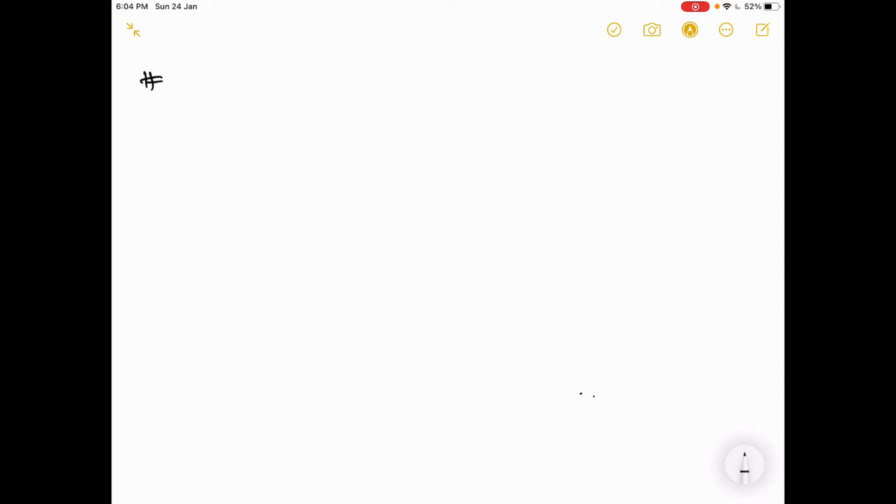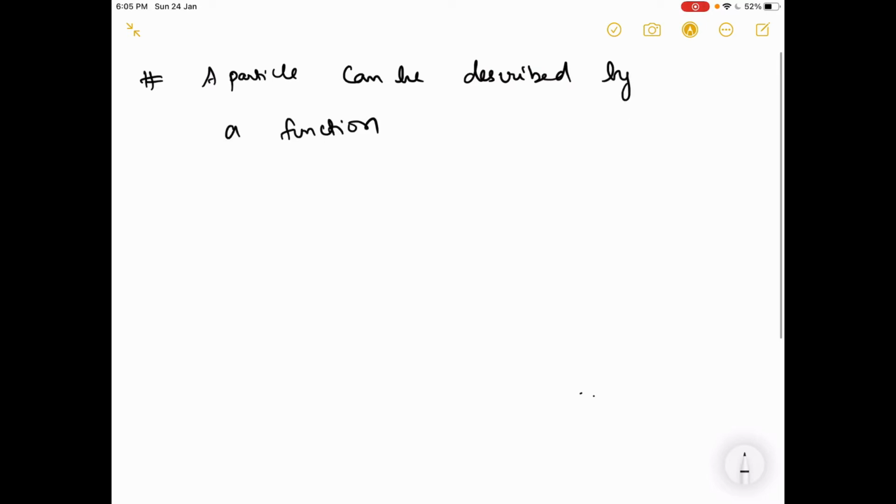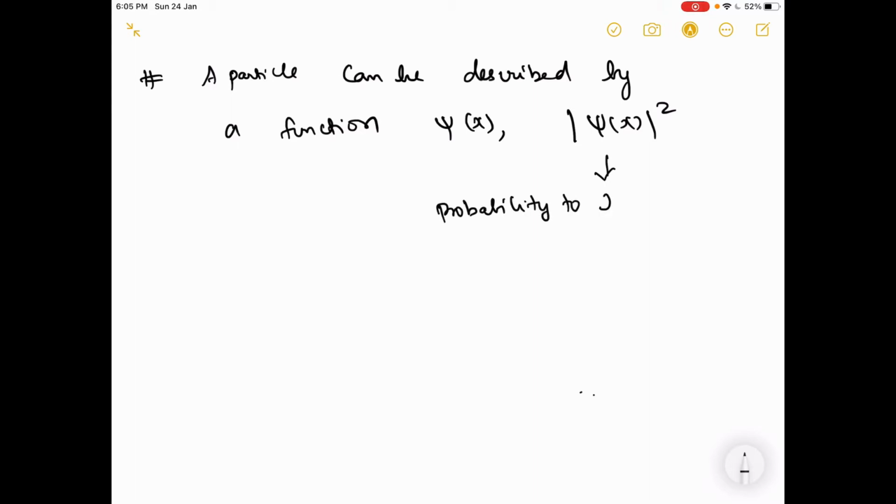Okay, so let's the prime assumption is a particle can be described by a function, psi of x, such that the magnitude of psi of x squared gives the probability to locate the particle at x.